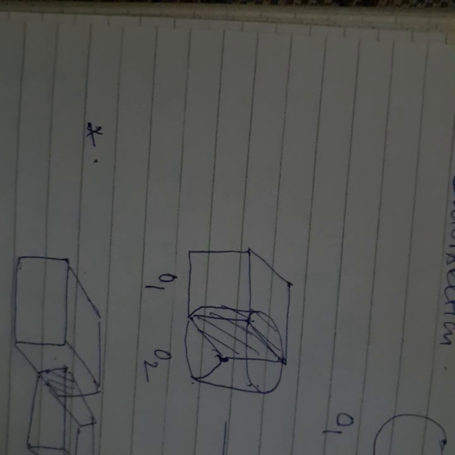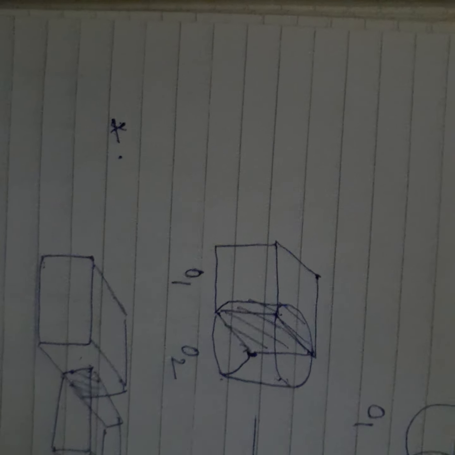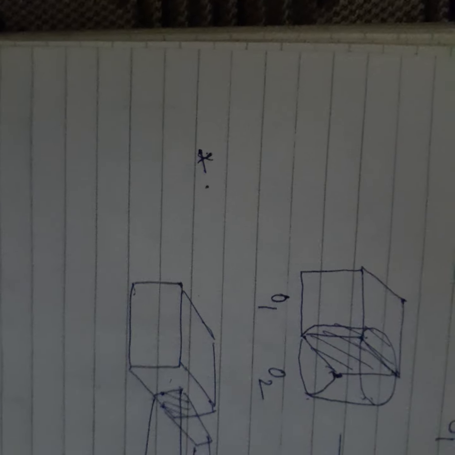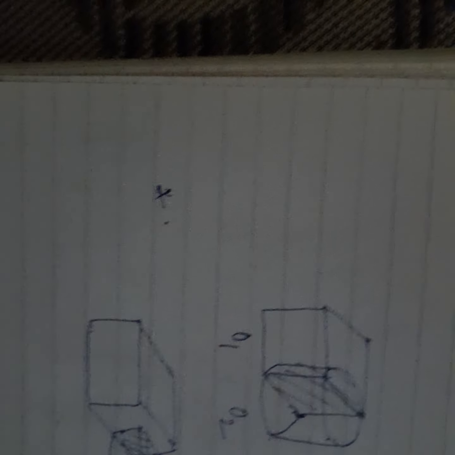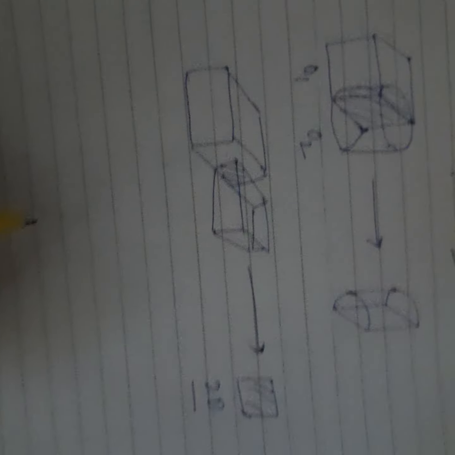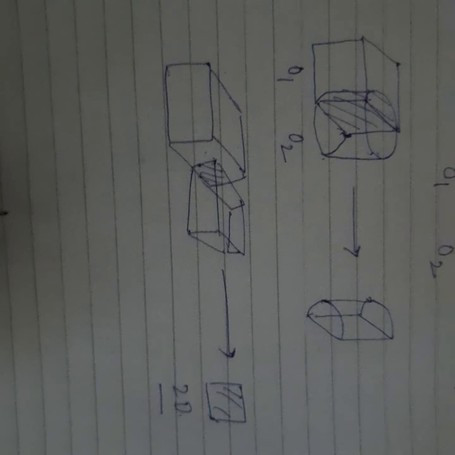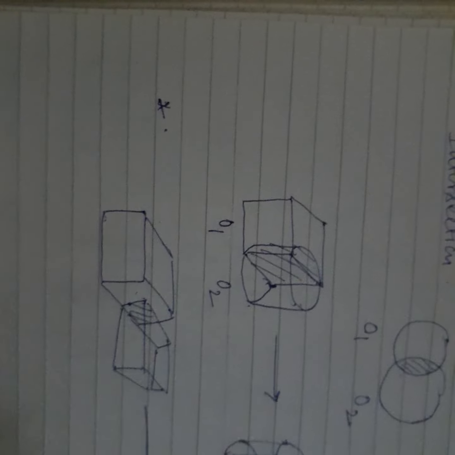This would be a 2D image. The boolean operation we perform on two 3D objects should not end with a 2D object. This is the note that we should follow.